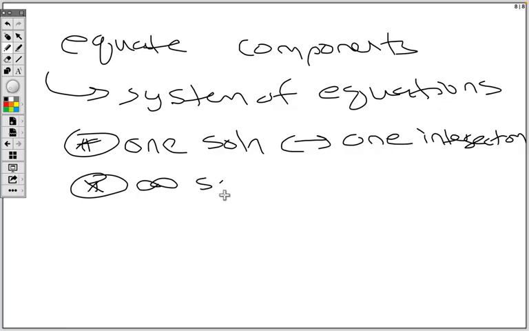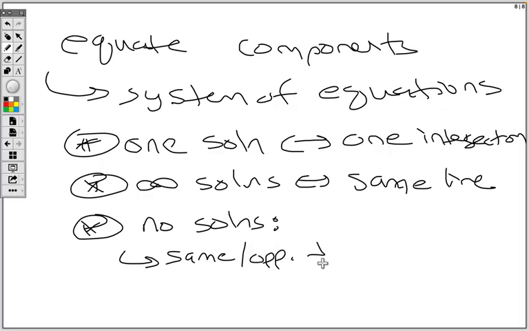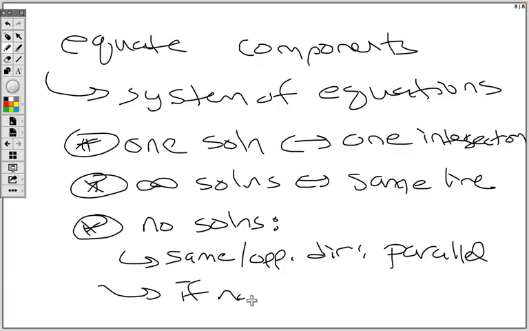If there's infinitely many solutions like we had yesterday, that means it's going to be the same line. If there's no solutions, then we have two cases. If you've got the same or opposite direction, then we've got parallel lines. If not parallel, then we have skew. All right?